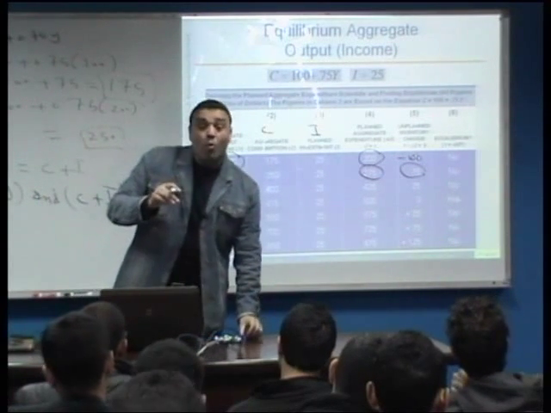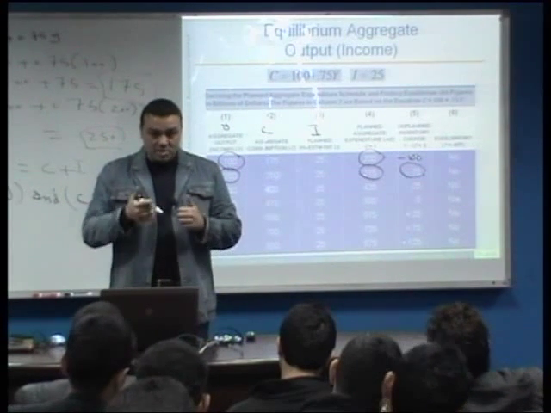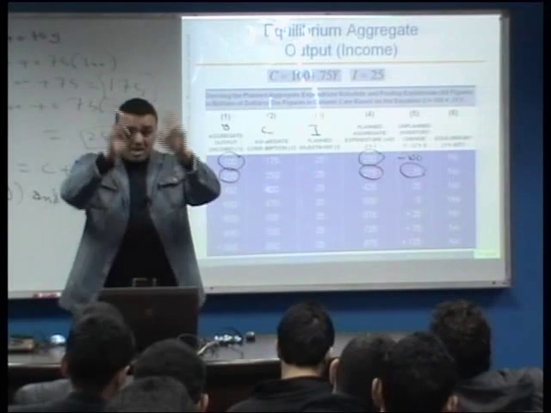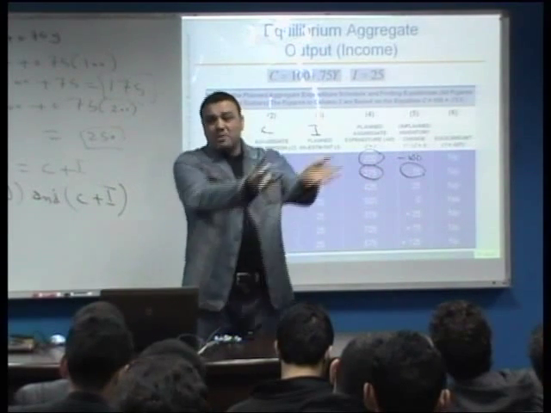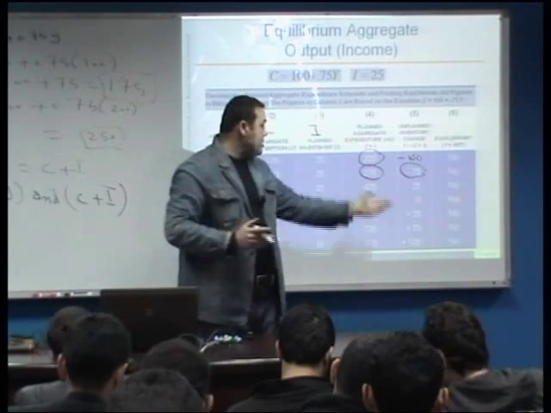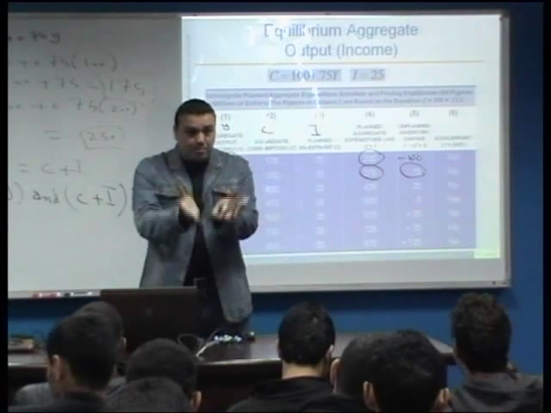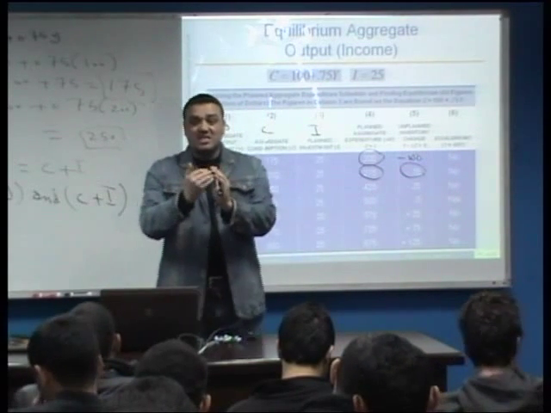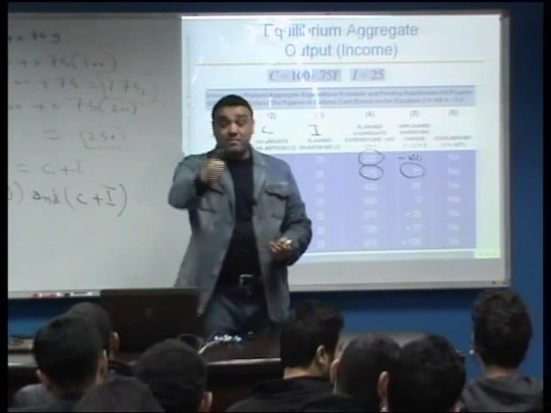Negative, because Y is smaller than the aggregate expenditure. As you know, if Y, the aggregate output, is larger than the aggregate demand, we have a positive change in business inventory, or the unplanned change in business inventory is positive. But if Y, our output, is smaller than the aggregate demand, we have to take from the inventory, so it should be negative.